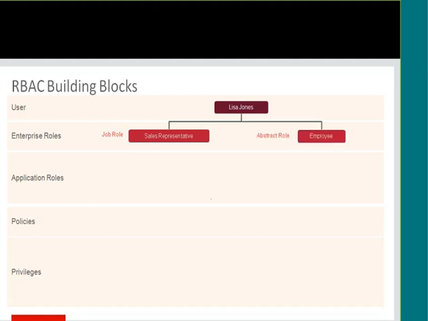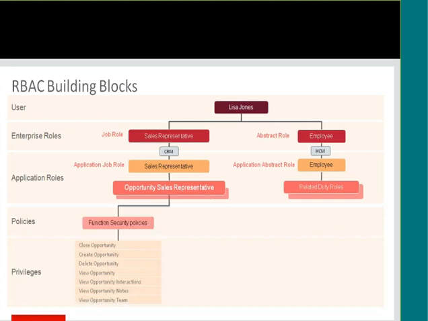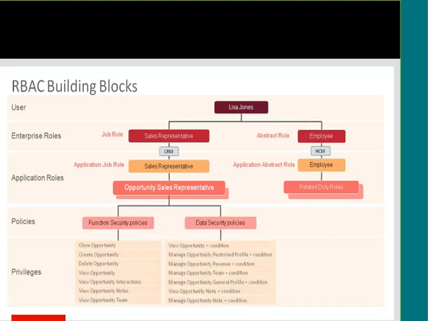So for that matter, across the Fusion applications, this model is applicable. You see enterprise roles, application job roles, some duty roles, some permissions, privileges, all that stuff, right? So we'll get back to this picture.